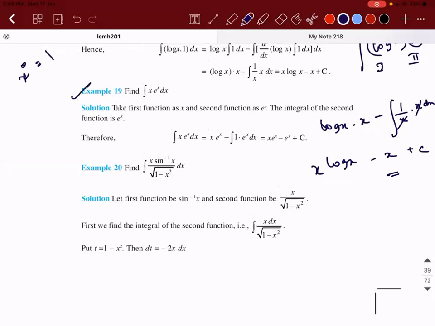19th one. Integral of x into e power x dx.